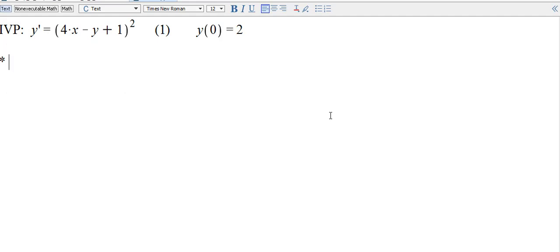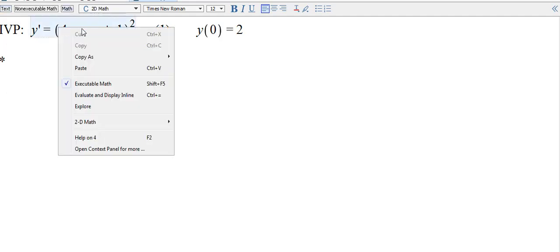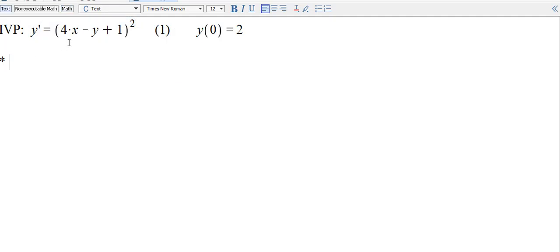And you can see the right hand side is a function of 4x minus y plus 1. So I can form it like y prime equals f(ax plus by).